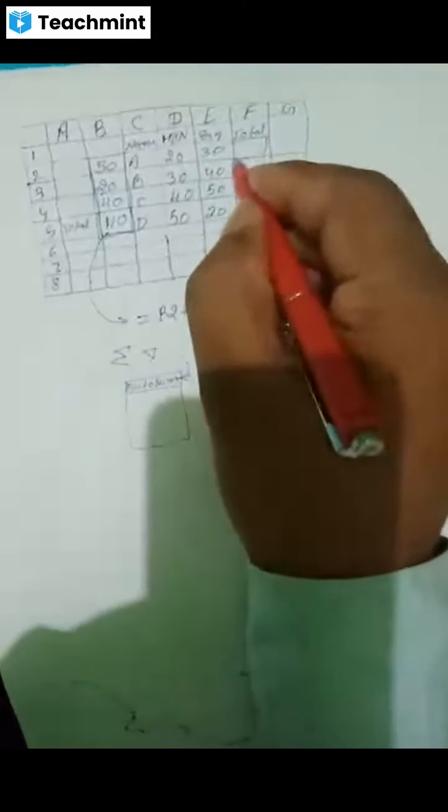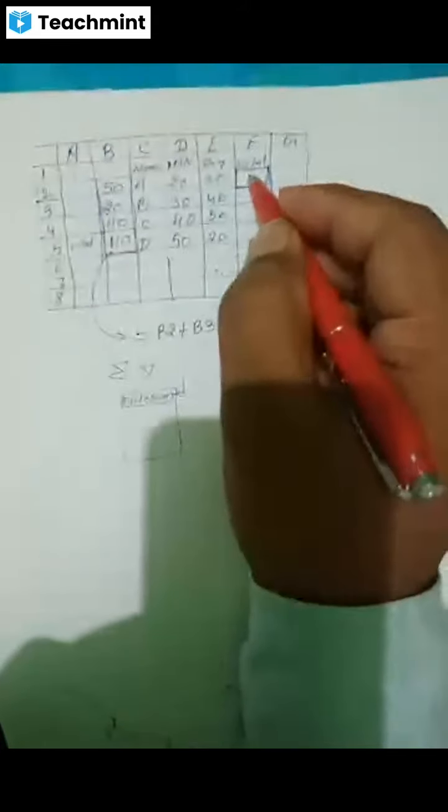And here the name is A B C D. Here given English marks 30, 40, 50, 20, and here is total. So how do we get the total in this cell? Anyone say to me?